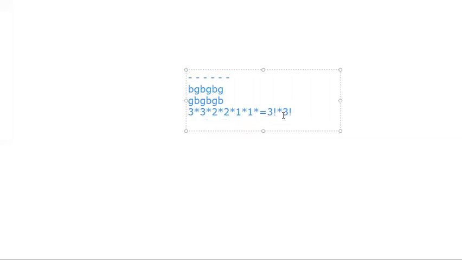The same thing you can expect for the second set, that is 3 into 3 into 2 into 2 into 1 into 1. So I'll be having another 3 factorial into 3 factorial. So you can write it together as 2 times 3 factorial into 3 factorial. Is that clear? Yes, sir. Okay, fine.